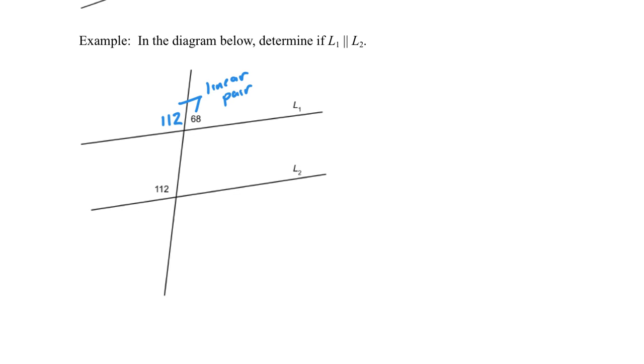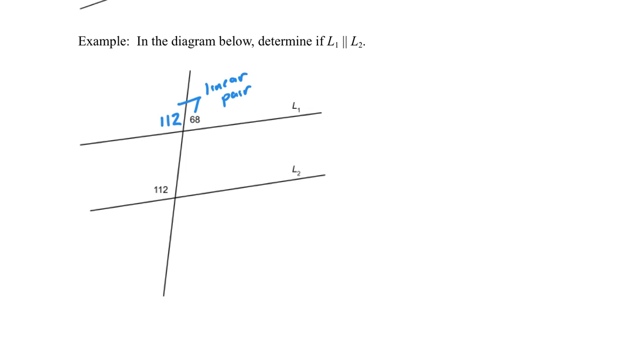Now from here, I've got enough information to determine if the lines are parallel or not, because I've got this angle right here and this angle right here, and those are corresponding angles. I notice that they're congruent, and the only way that they can be congruent is if the lines are parallel.